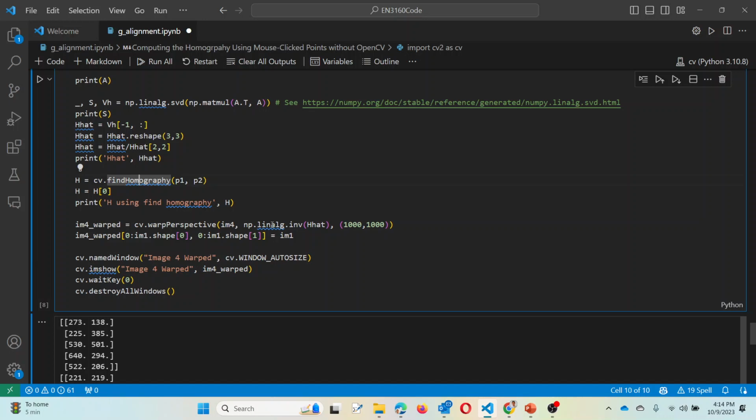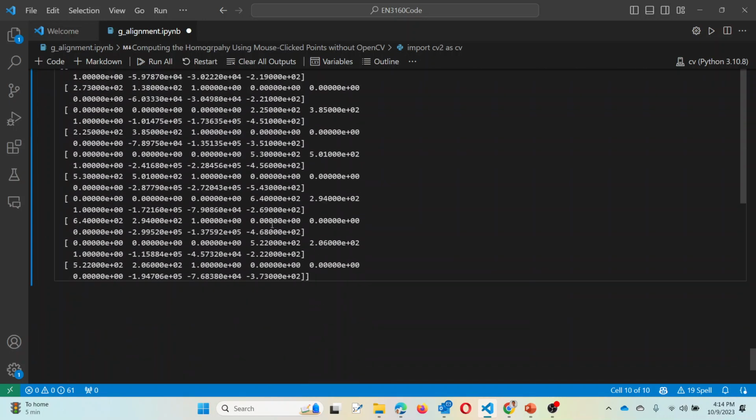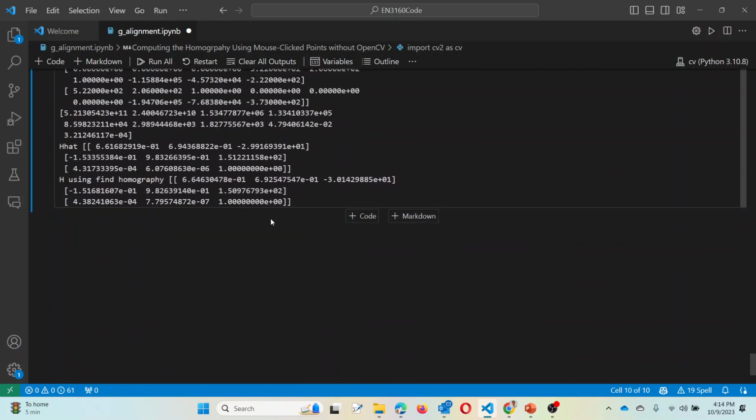So same mouse clicking, I will not show that again. There you can see H hat that has been estimated by us, 6.61 times 10 to the power minus 1, 6.64 times 10 to the power minus 1, 6.94, 6.92, and so on. So those are correct.